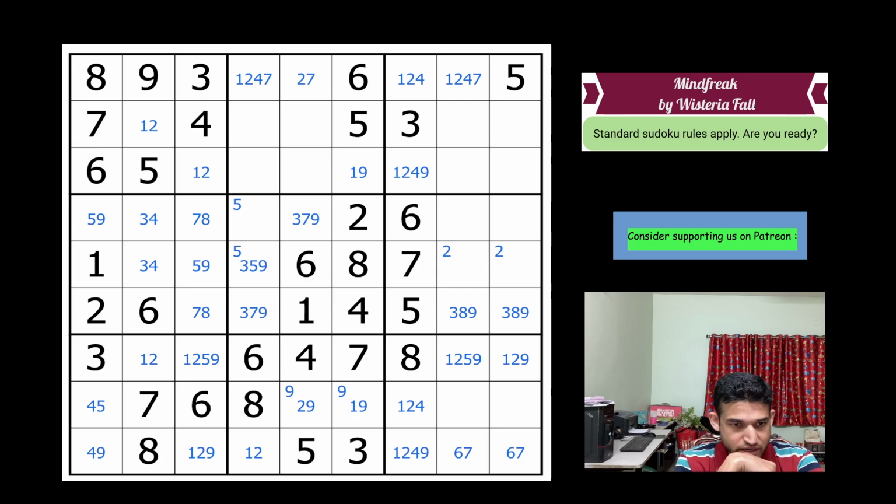Okay, so let me think a bit here. Okay, so the second deduction that I got, so rather than calling this a one-stepper, of course there must be some one-stepper logic.